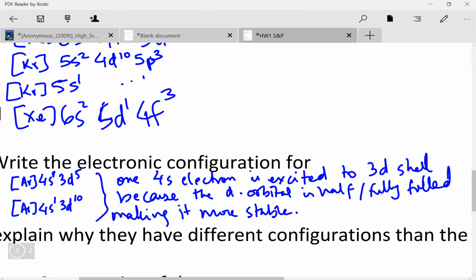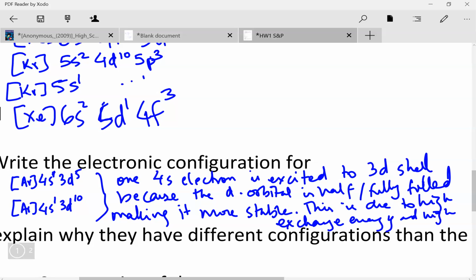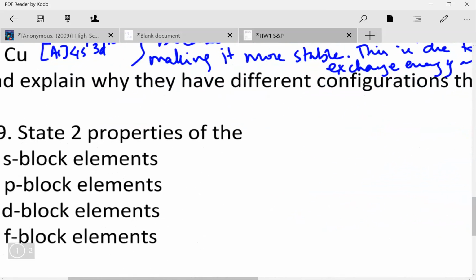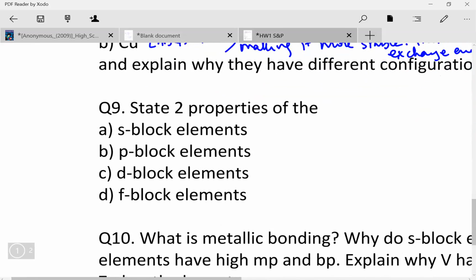Again, you have to say why it's more stable. This is due to high exchange energy and high symmetry. All right, so that's the explanation for those ones.